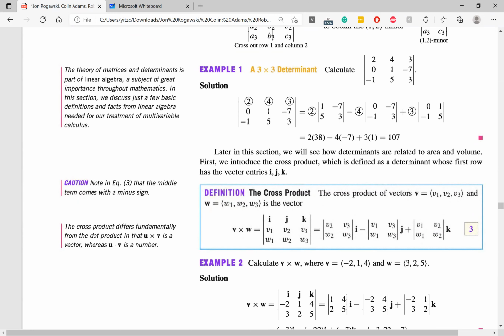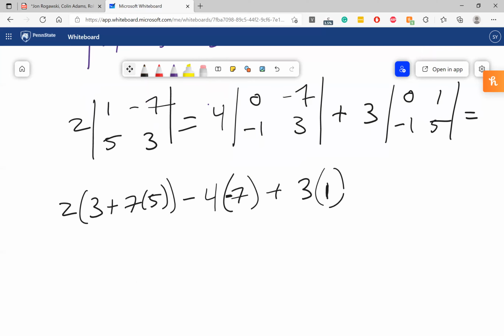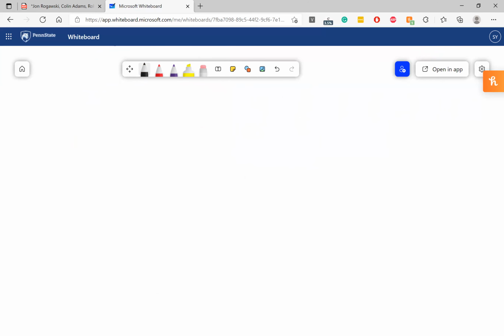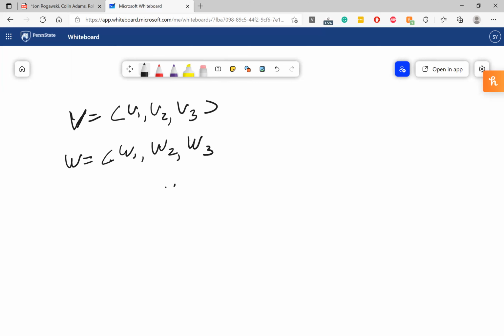So if you have 2 vectors, you have the vector v, which is equal to v1, v2, and v3, w, which is equal to w1, w2, and w3. You want to find the cross product between them, and we say that that's going to be v cross w.